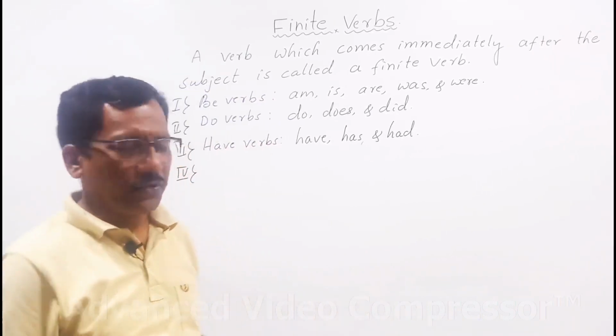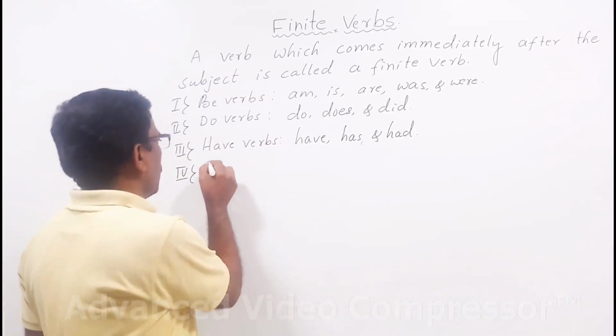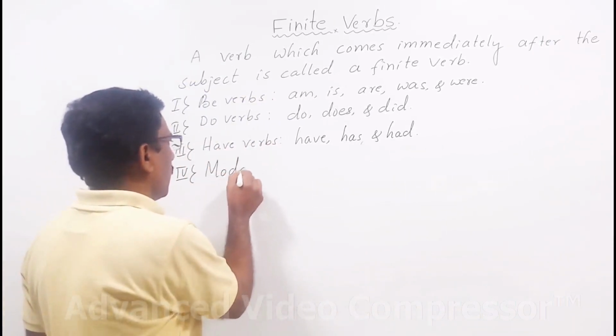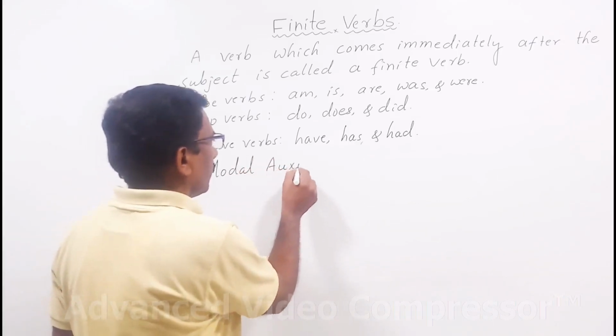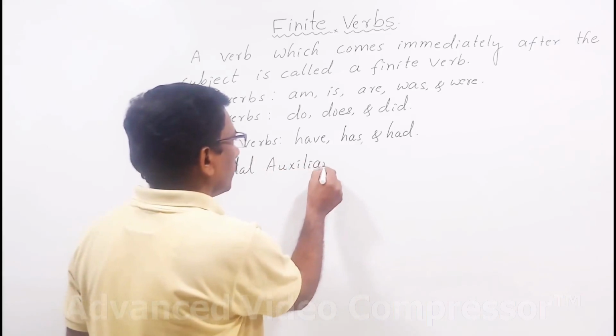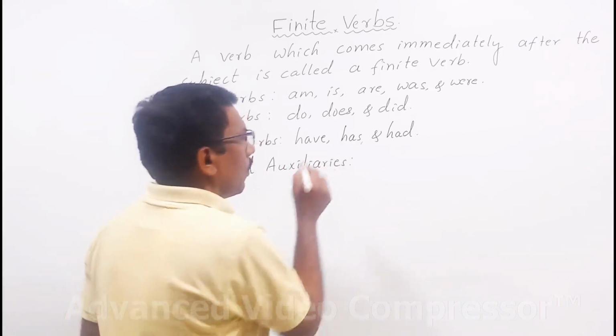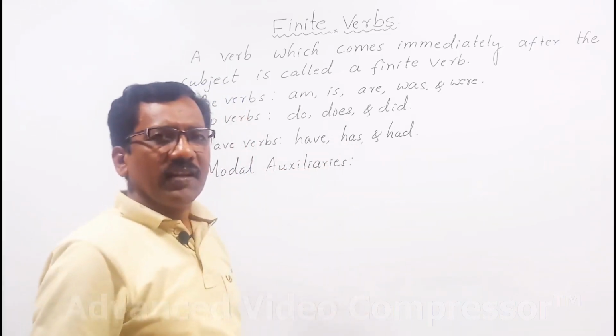And the fourth point is, dear students, all the modals, modal auxiliaries, are also considered as finite verbs in English. Please remember, modal auxiliaries. What are the modal auxiliaries in English?